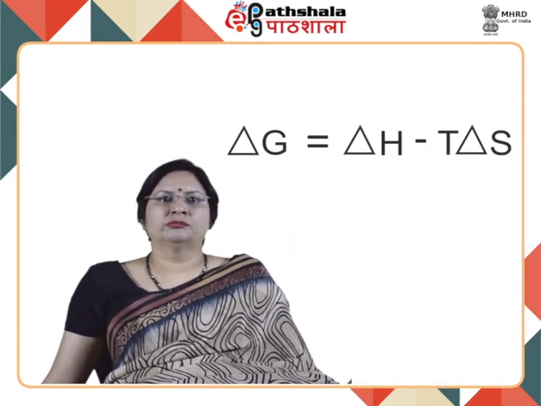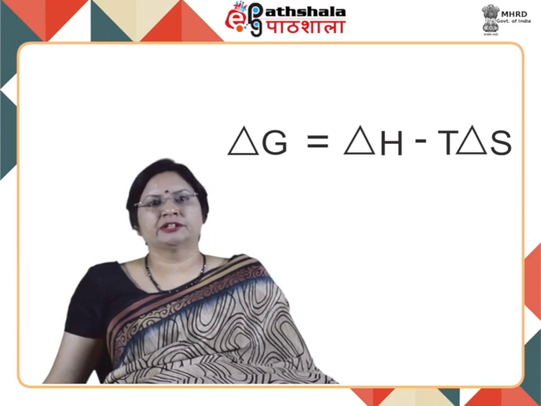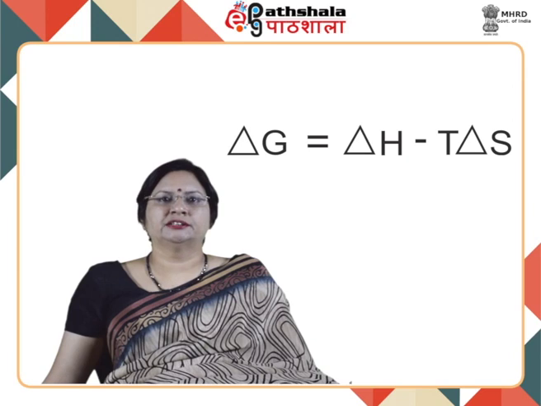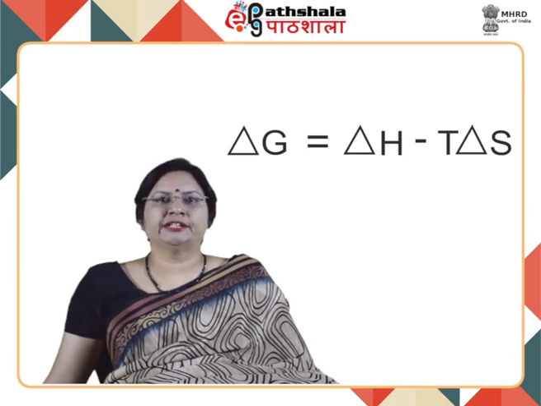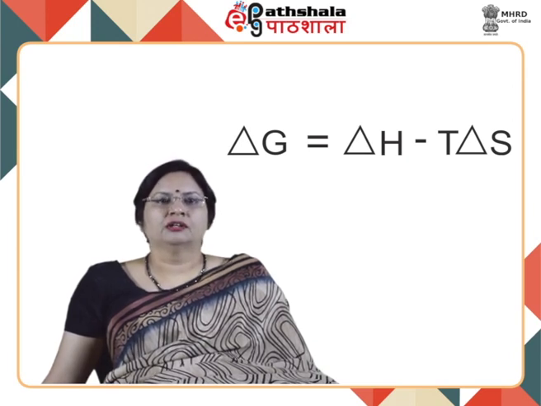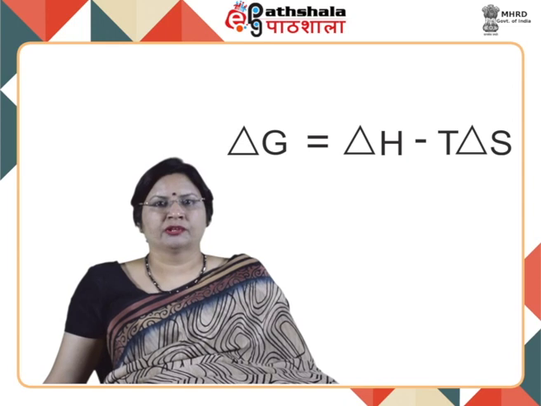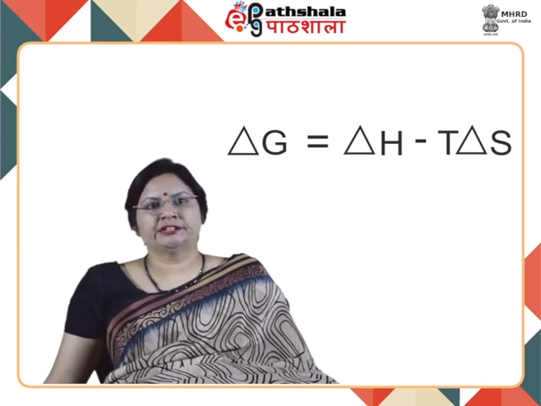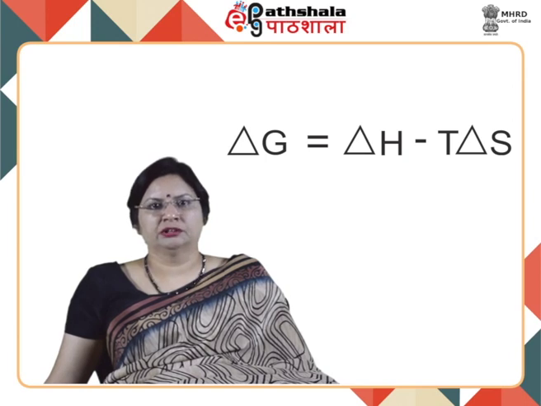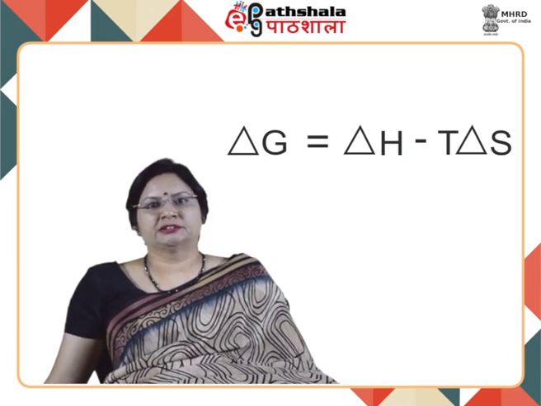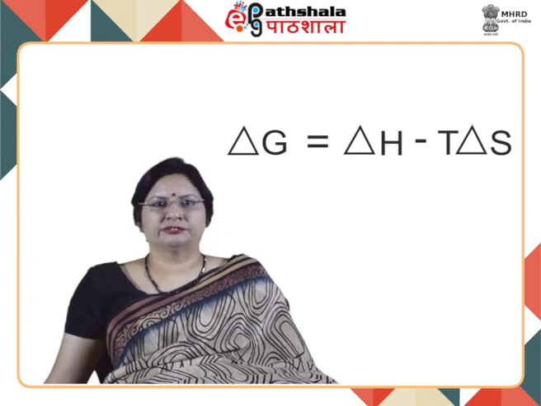Now, from thermodynamics you already know that delta G is equal to delta H minus T delta S. Thus, for a favorable reaction, the delta G must be negative. As the entropy change, that is delta S, is more for elimination than for substitution, higher temperatures, that is T, will definitely favor the elimination reaction.